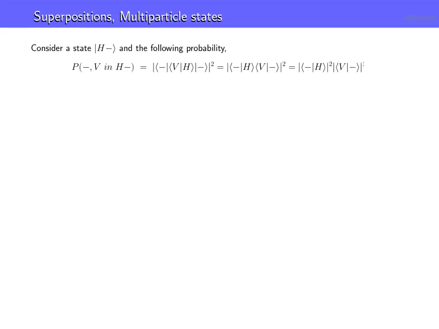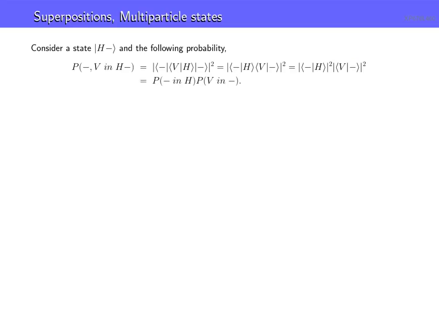And that should look like that, which we can express as follows. Now notice that the modulus square of a product is the product of the modulus squares. That should be obvious. But the takeaway here is that now we have 2 separate modulus squares here.